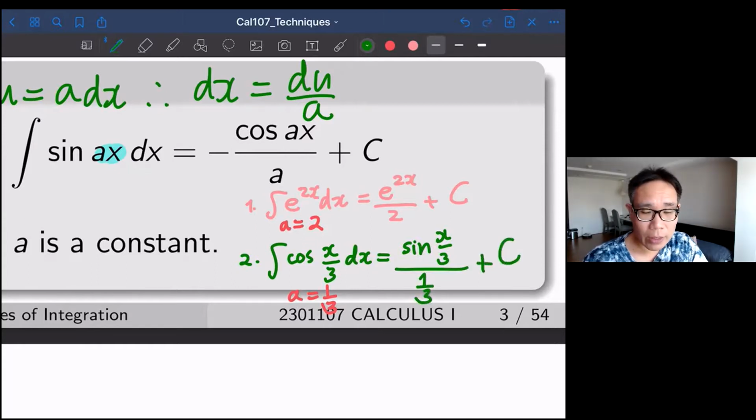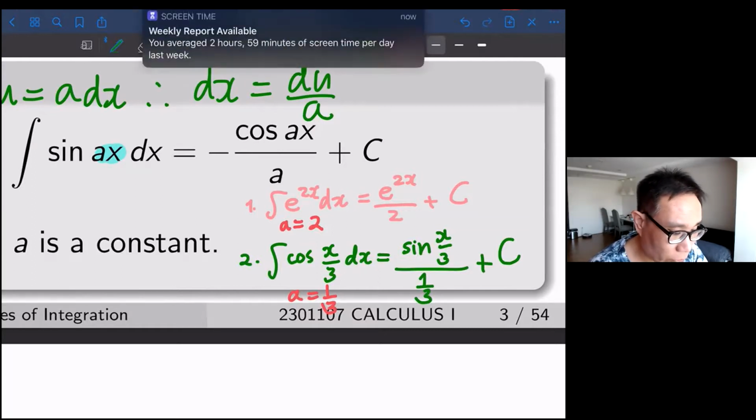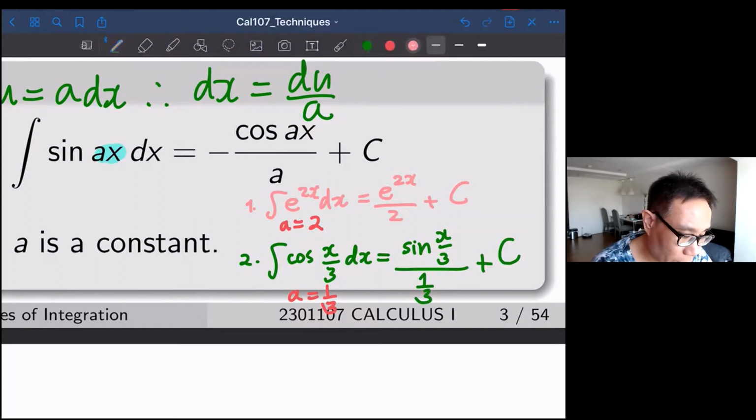Note that a can be a fraction, a whole number, or an irrational number, like root 2 or pi. So for example, number 3, integrate sine pi x dx.